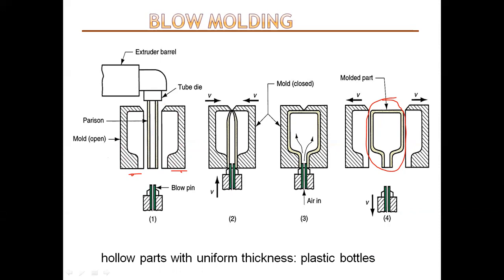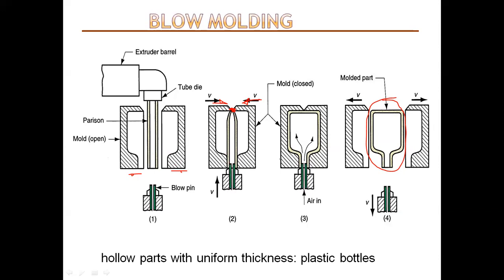When the parison reaches the required length, the two mold halves are closed, as you can see here, pinching the top of the parison and sealing the blow pin at the bottom of the parison end.